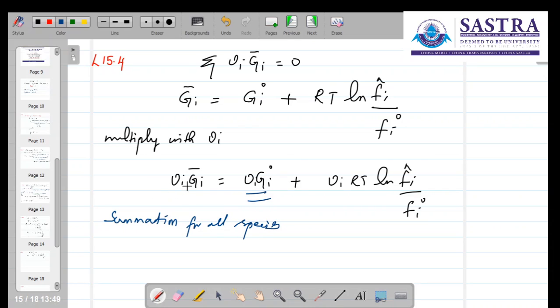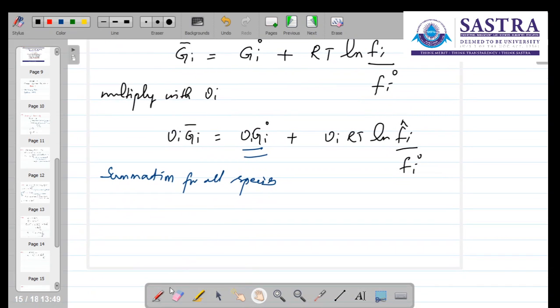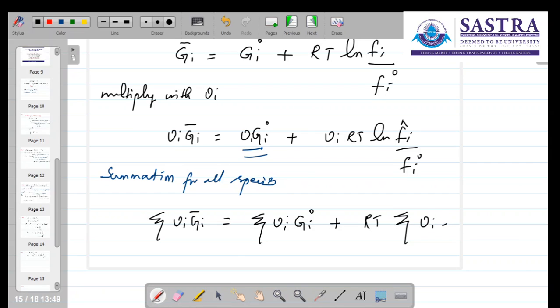So this is for one species, but if you do the summation for all the species, we end up like sigma of mu I Gi bar is equal to sigma of mu I Gi naught plus RT, which is common, so it will come out of summation, and a summation of mu I ln of Fi cap divided by Fi naught.